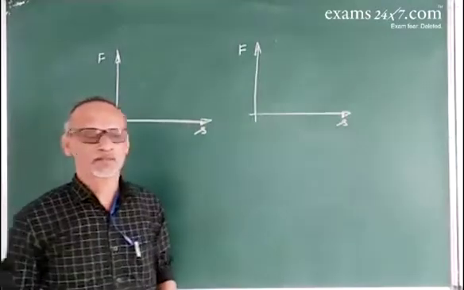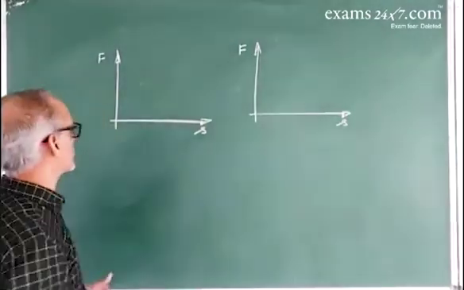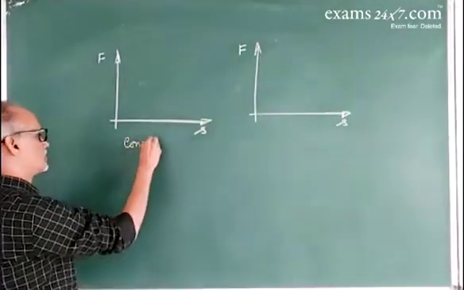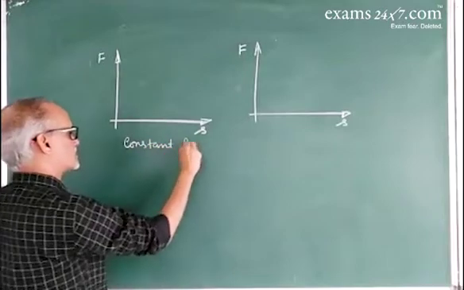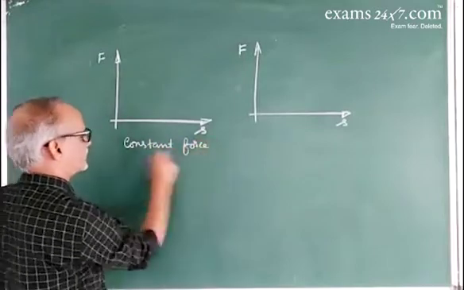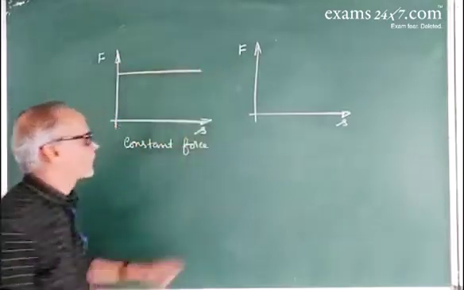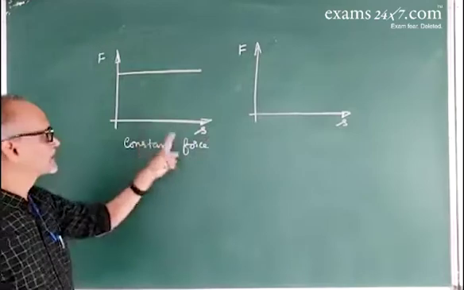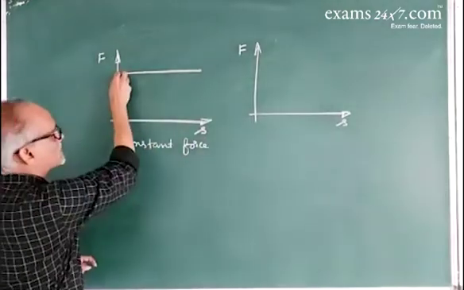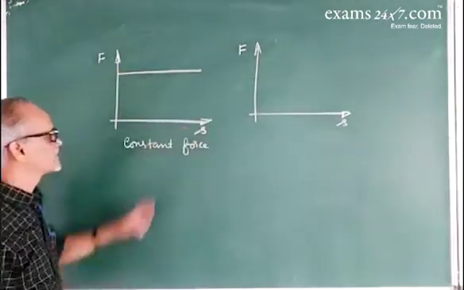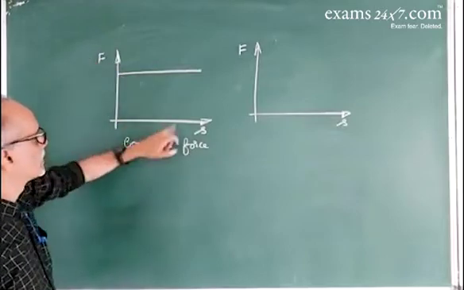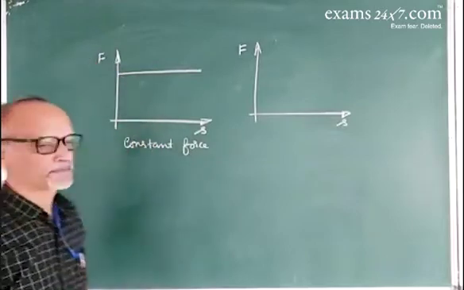If the force acting on the body is constant force, then the graph is a straight line parallel to the x-axis, because the force doesn't change with the displacement. So this is a graph that shows constant force versus displacement.